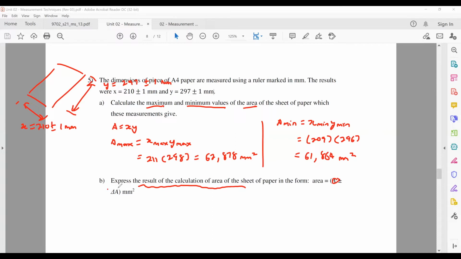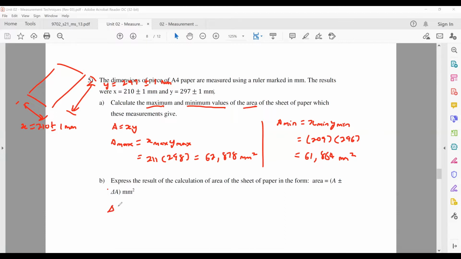Now then I ask you, express the result of your calculation of area in the form of A plus minus epsilon, the uncertainty of A. You can actually do something like this.